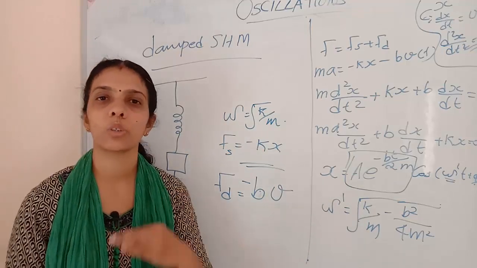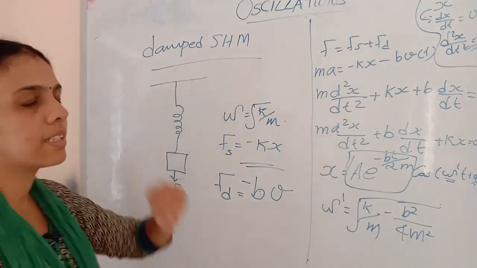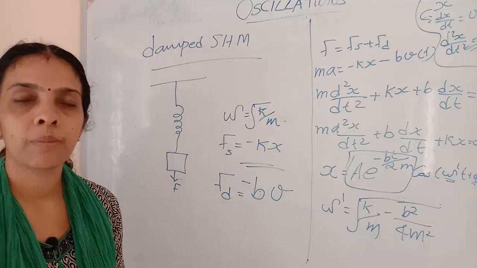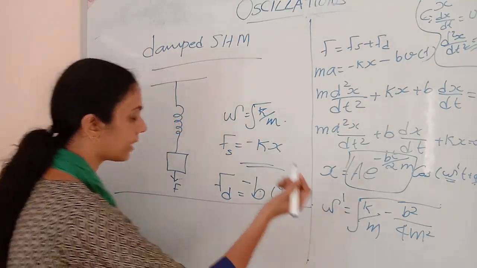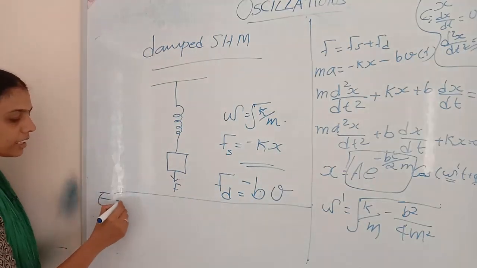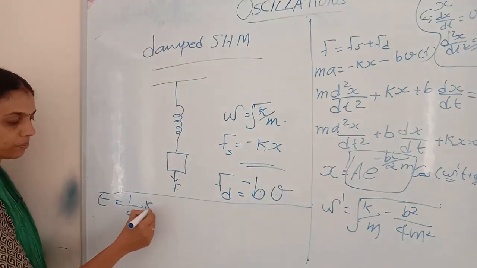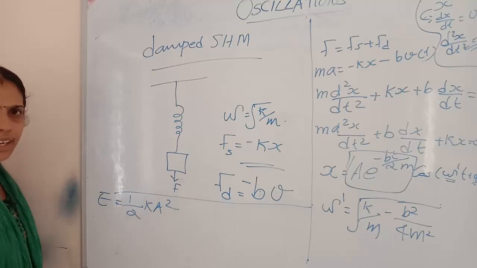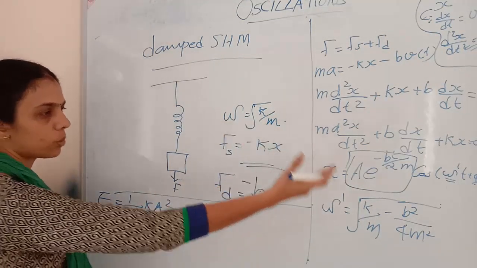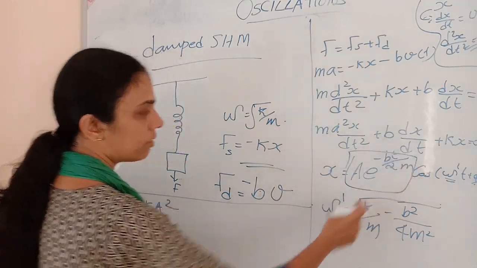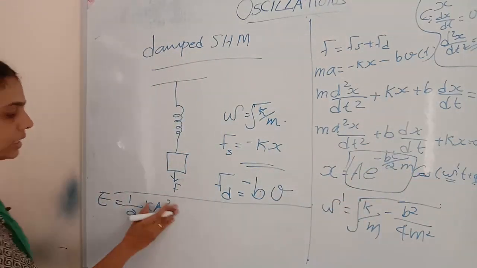So how can we write down the energy in the case of damped simple harmonic motion? See, if we are not considering damping, what is energy? Energy equals half k a square. Right, half k x square or half k a square we can consider. A is the amplitude. Here what is the amplitude? A e to the power minus bt by 2m.